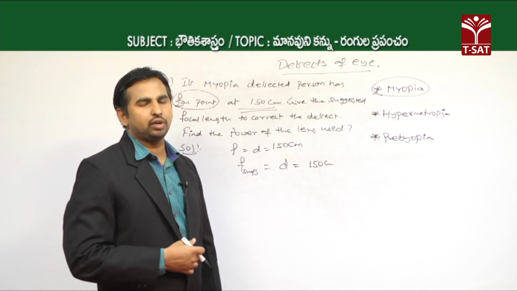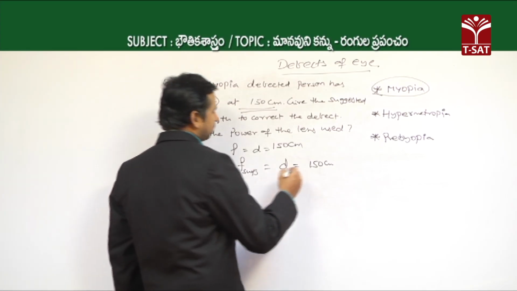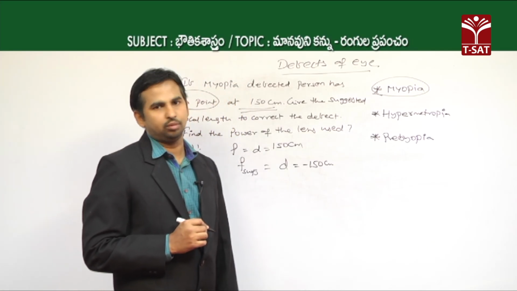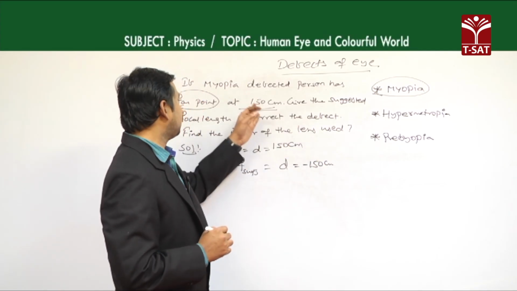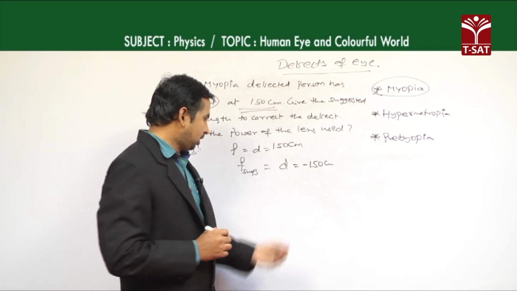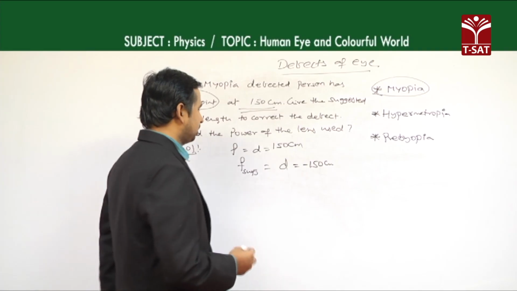As it is a concave lens, the focal length we have to take has a negative sign convention. That is why we are taking d is equal to minus 150 centimeters. So, the suggested focal length for a person with this 150 centimeters far point myopia becomes minus 150 centimeters.